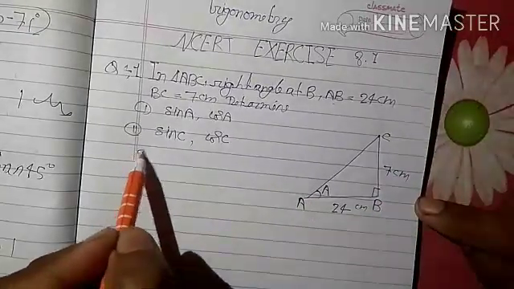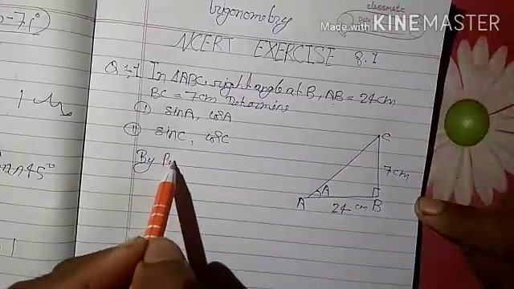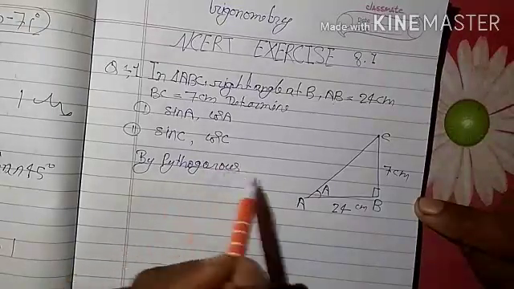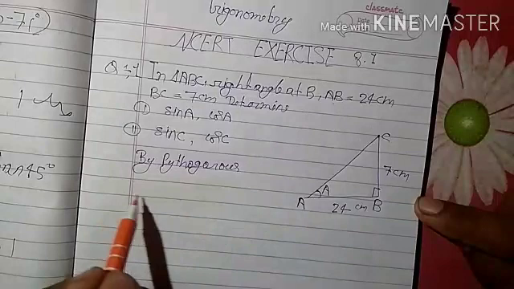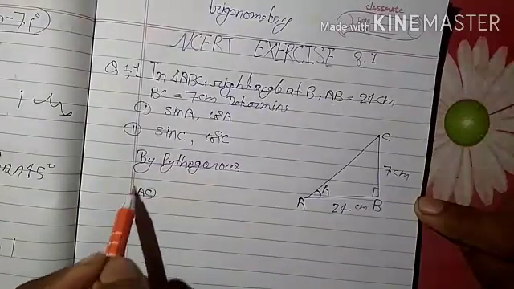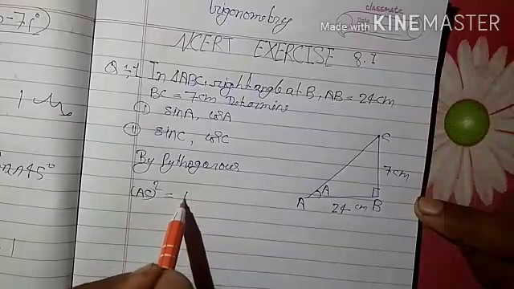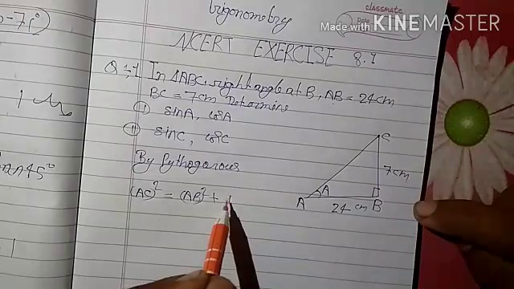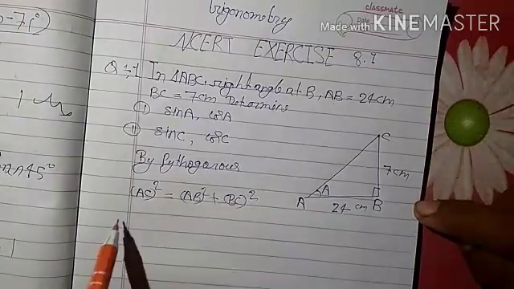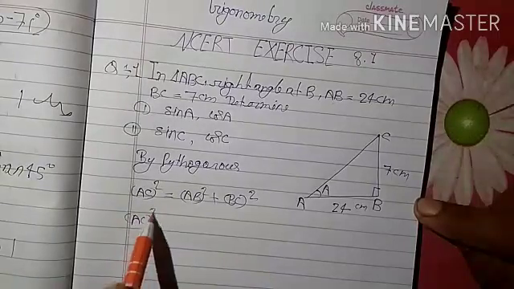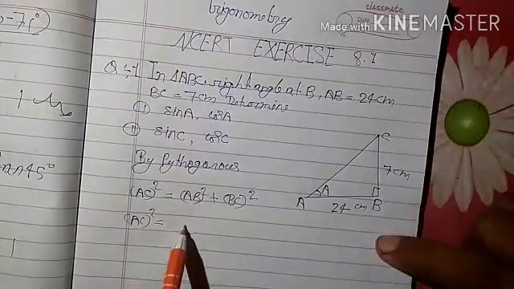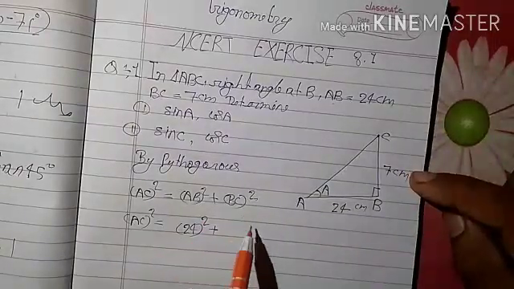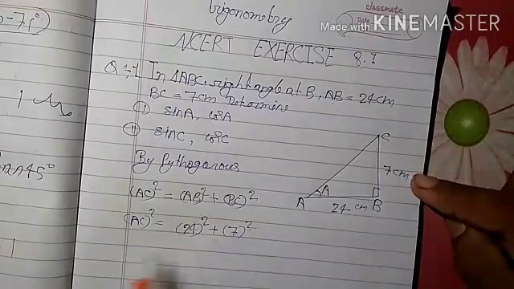So by Pythagoras theorem, hypotenuse square, that is AC square, is equal to base square, that is AB square, plus perpendicular square, that is BC square. So AC square is equal to the value of AB, that is 24 square, plus the value of BC, that is 7 square.